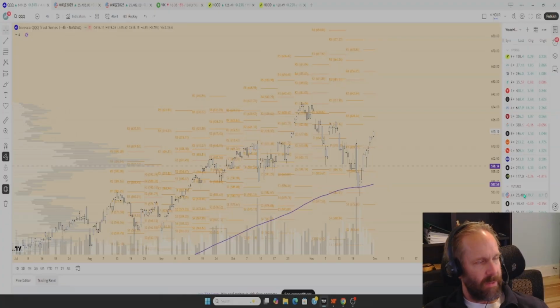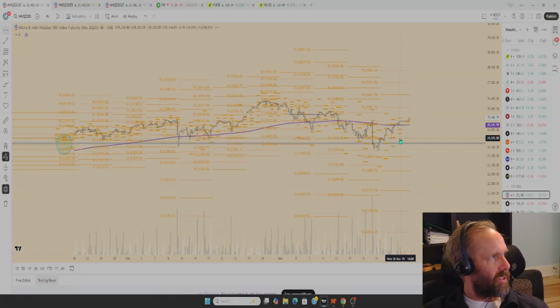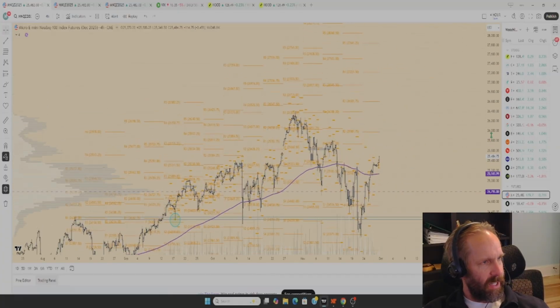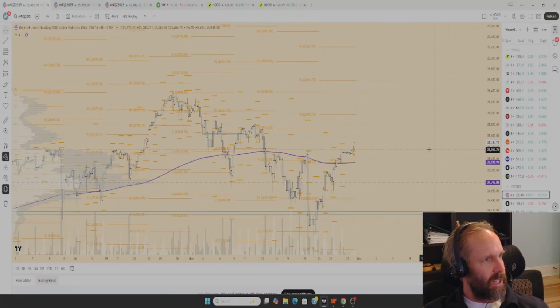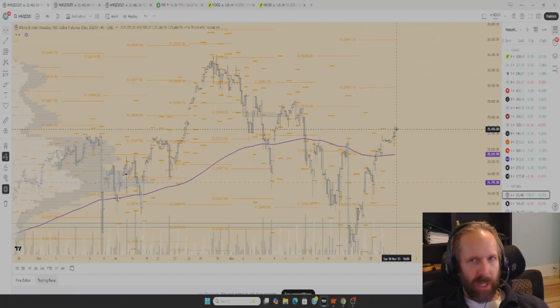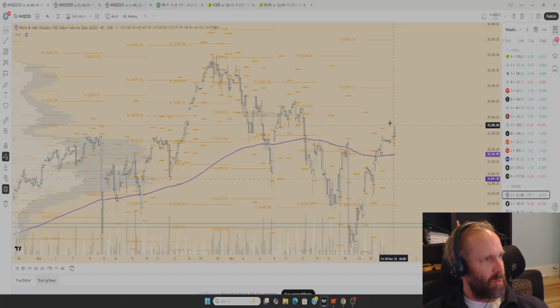Let's see. I believe that price is going to keep rotating higher in the intermediate term. So where are some targets for price? Well, the first obvious one to me are these swing high levels.